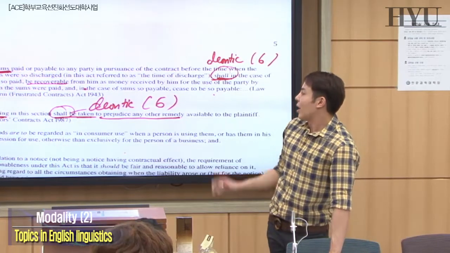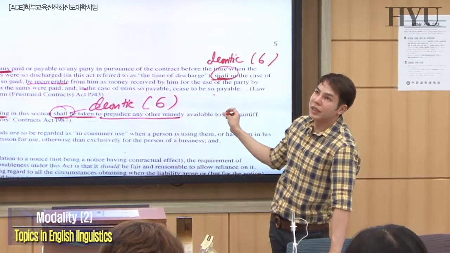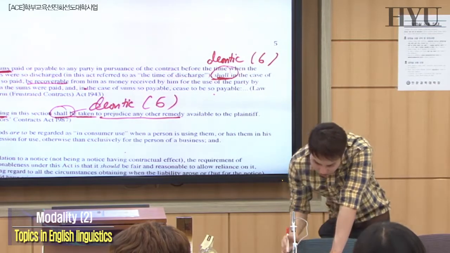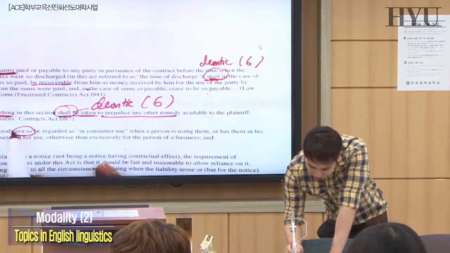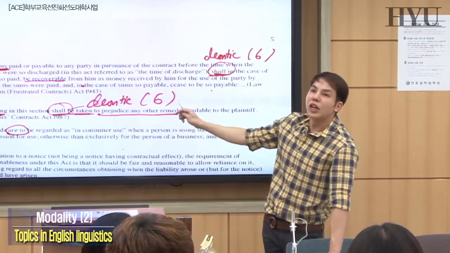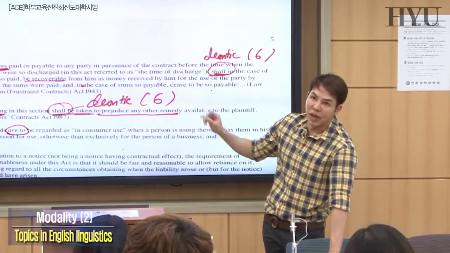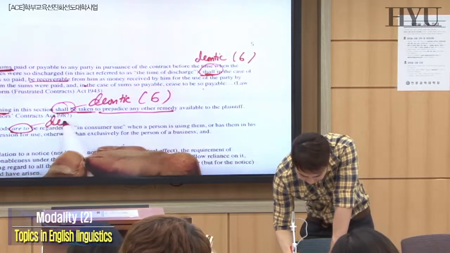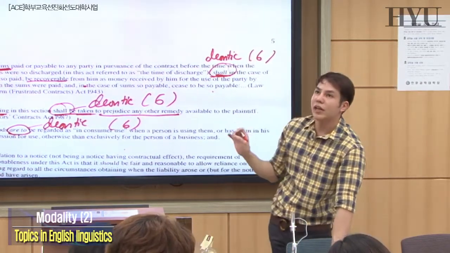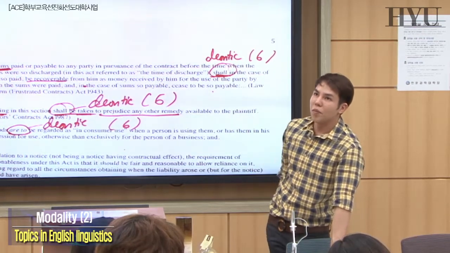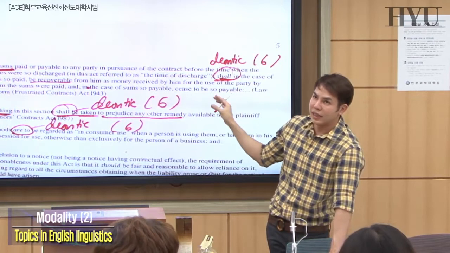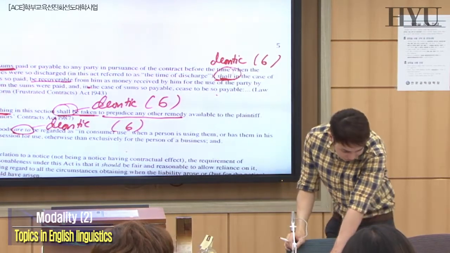Nothing can be taken, nothing shall be taken, nothing must be taken. This part, goods are to be regarded as in consumer use. Are to has the same meaning as must, so it's deontic. And number 6 as well. Direct request, direct command telling the reader to look at the goods as such.